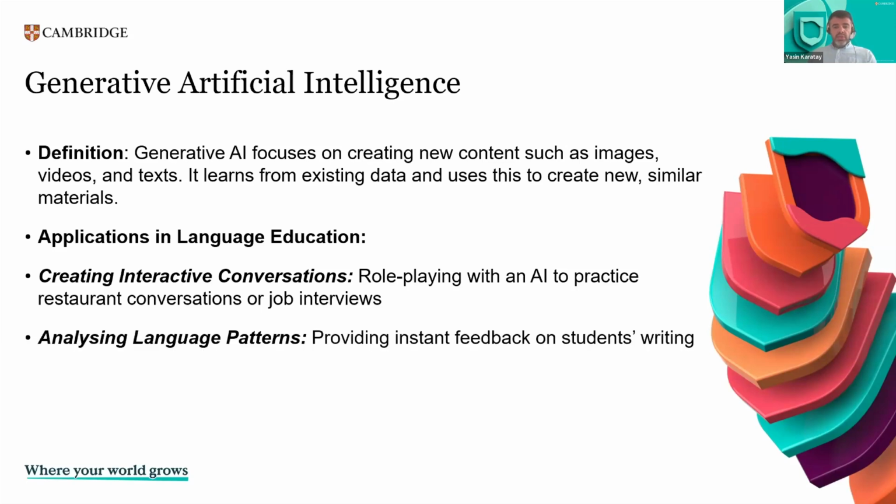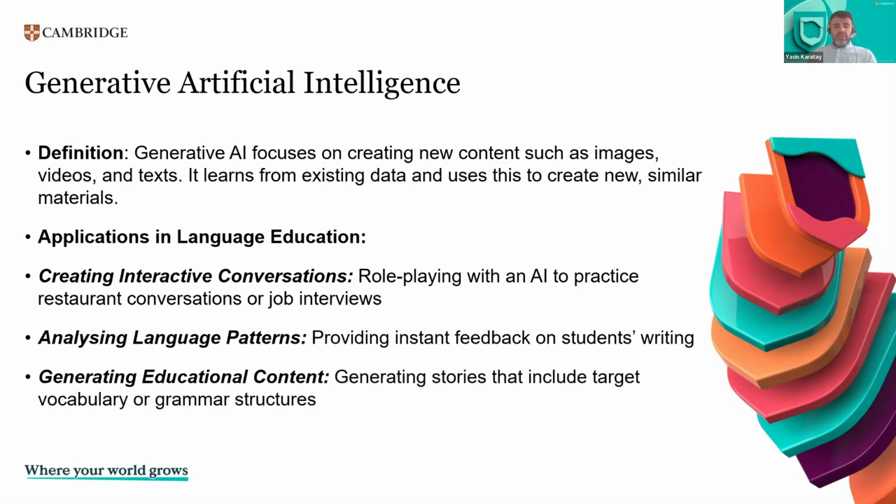Another way is to analyze language patterns. What do we mean by that? Generative AI can assist in learning, especially writing skills. It can provide instant feedback on students' essays or assignments, which helps them learn correct language usage very quickly without waiting for teachers' feedback.